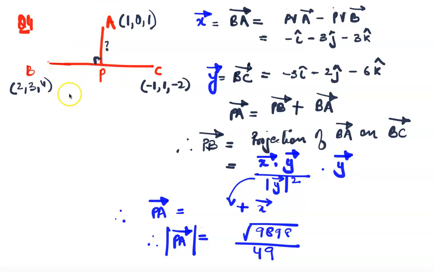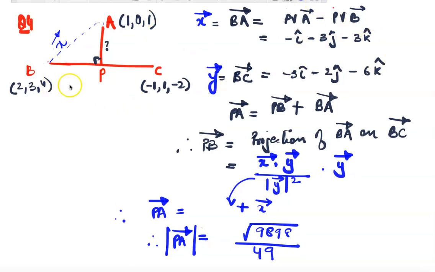So let's define a vector X, which is the BA vector, which is nothing but position vector of A minus position vector of B. So that's 1 minus 2, which is minus 1, 0 minus 3, which is minus 3, and 1 minus 4, which is minus 3.